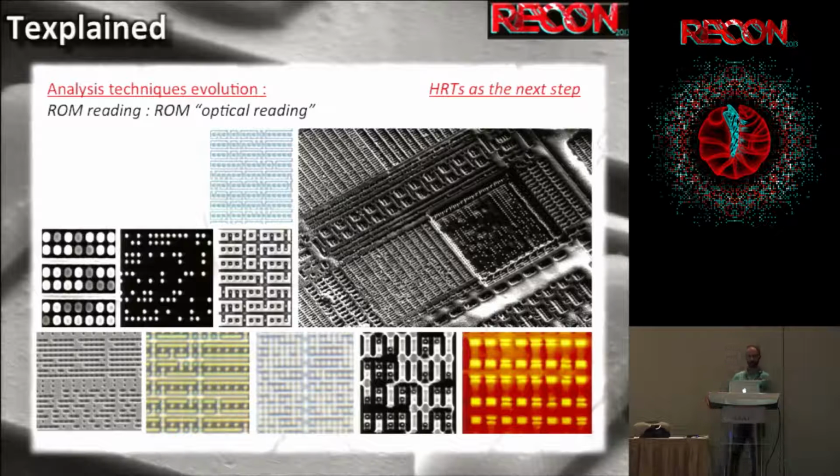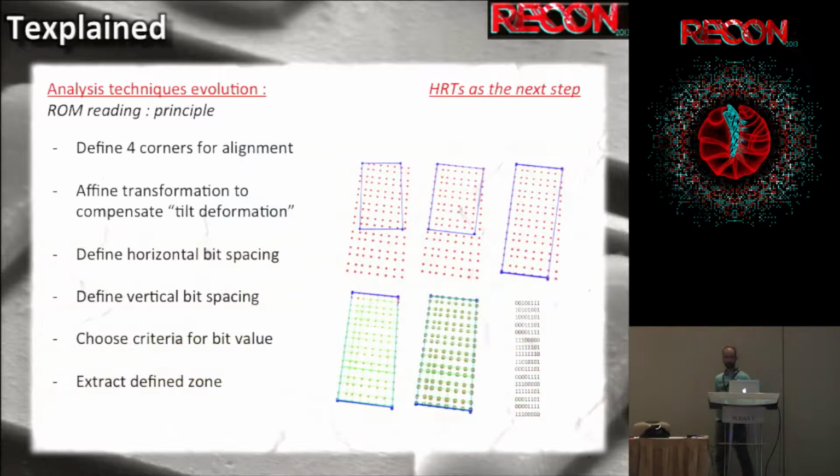But you have to read them. So to read a ROM, usually what you do is you prepare your chip to reach the bits, and then once you have them, you take the picture, you scan, you put the pictures together, and now you write a software, and you select the points to compensate the rotation. Your tilt compensation also is important, so you have an affine transform to put in place.